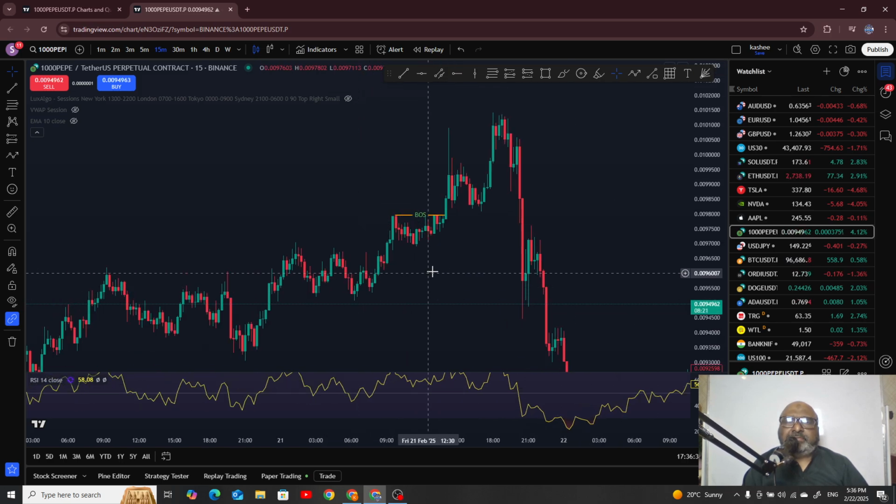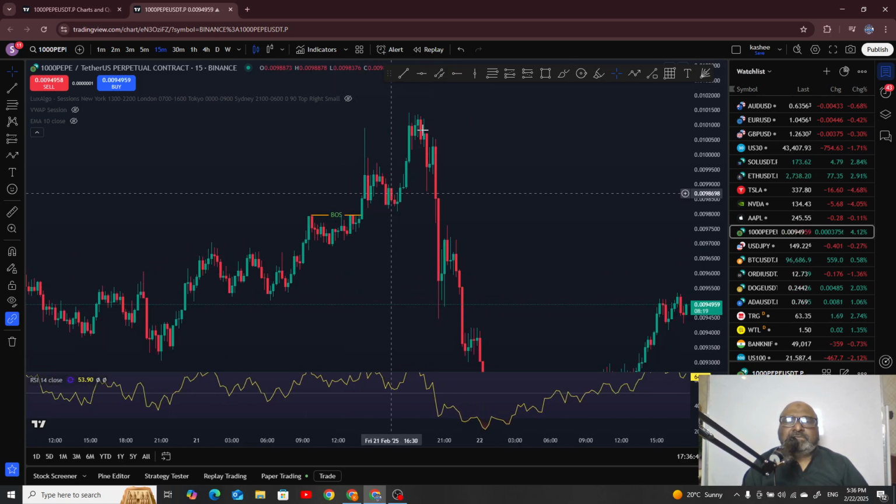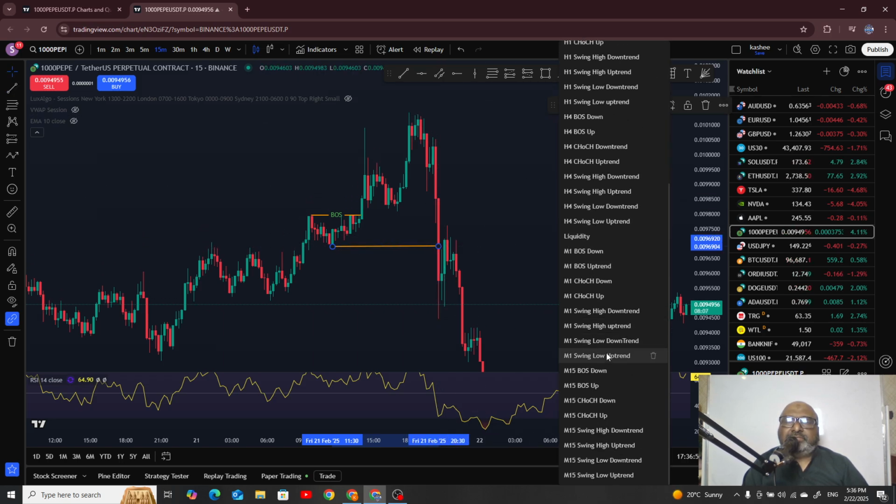Here what has happened? This is M15 change of character towards downside.